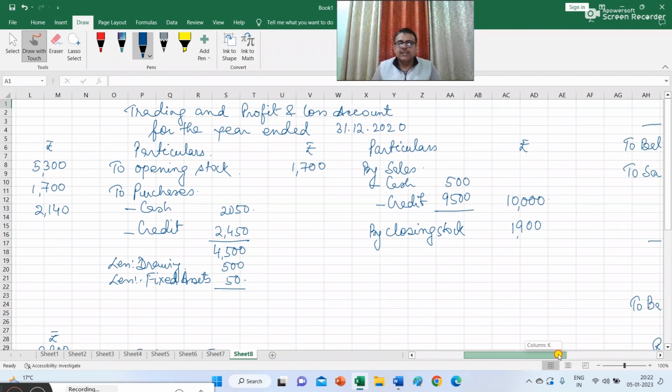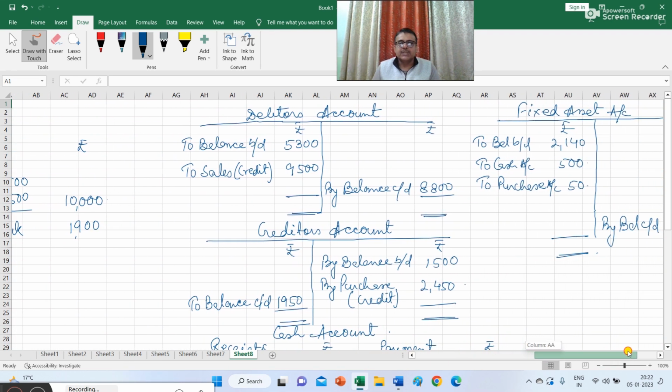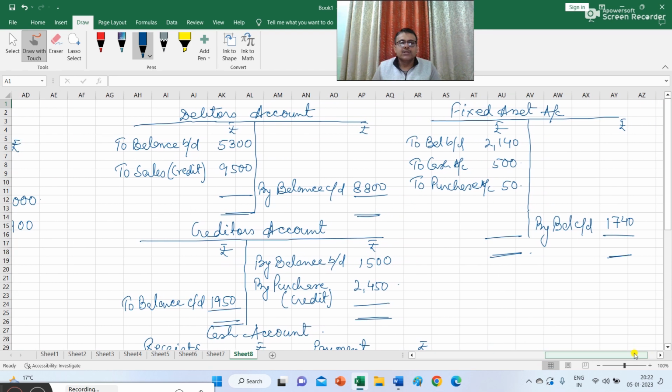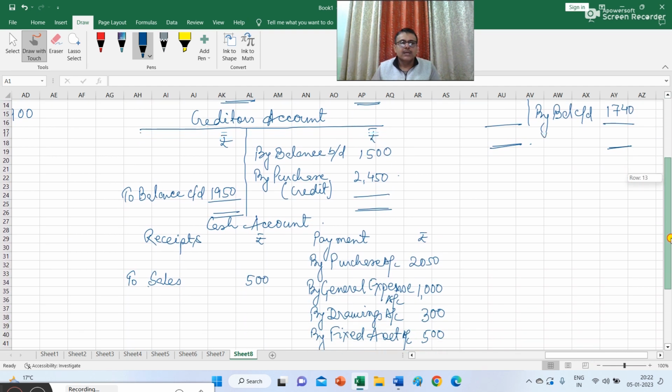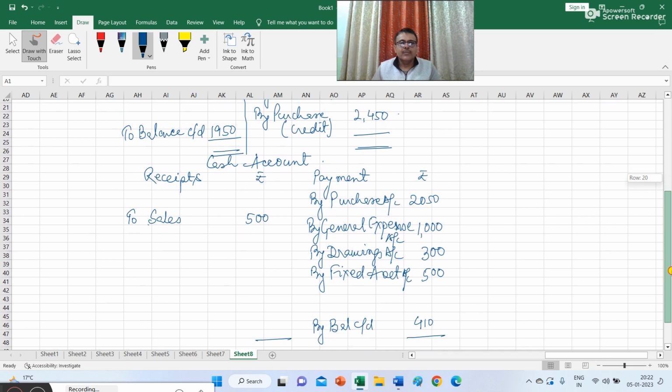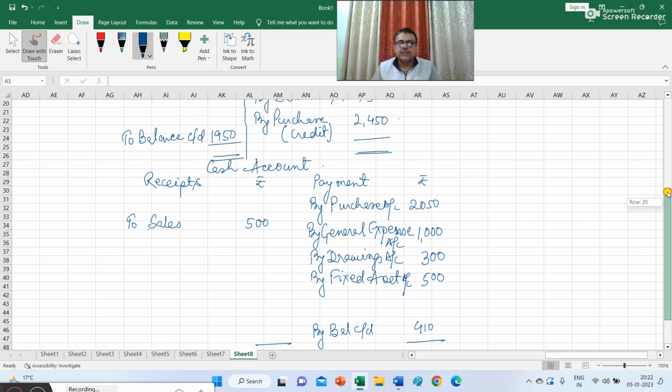And beside this, I have opened the debtor account. You can see the figures that have been recorded in debtor account, creditor account, fixed asset, and in the cash account. So now you have to close the ledgers that you have opened.